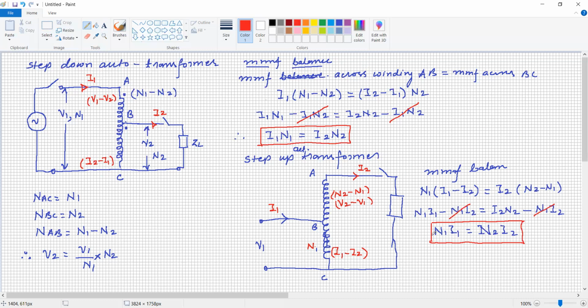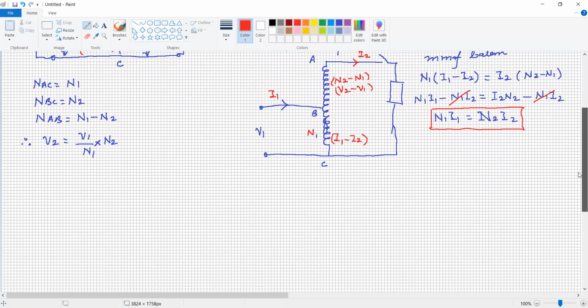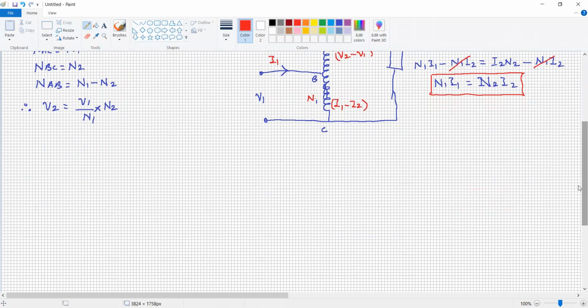Now what is the similarity between the two winding transformer and the single winding auto transformer? We can again take the step down auto transformer.